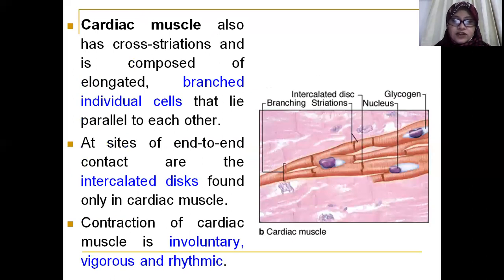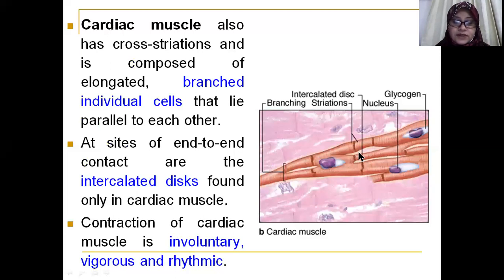Cardiac muscle also has cross striations and is composed of elongated, branched, individual cells that lie parallel to each other. At sites of end-to-end contact are intercalated discs, found only in cardiac muscle.